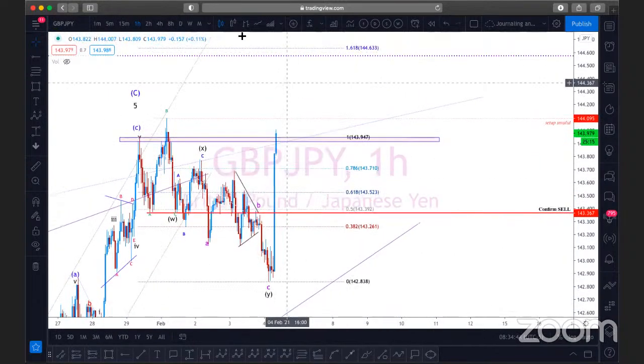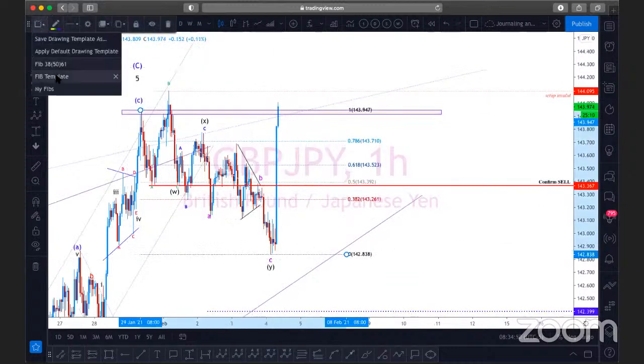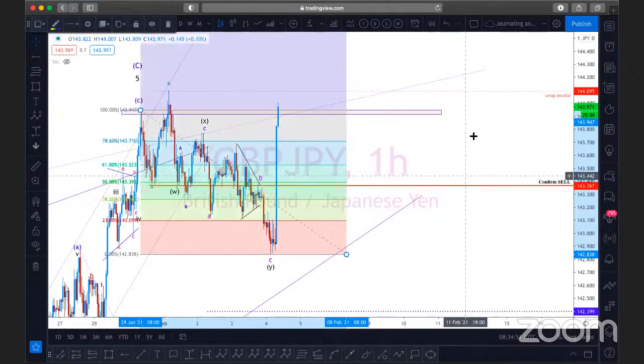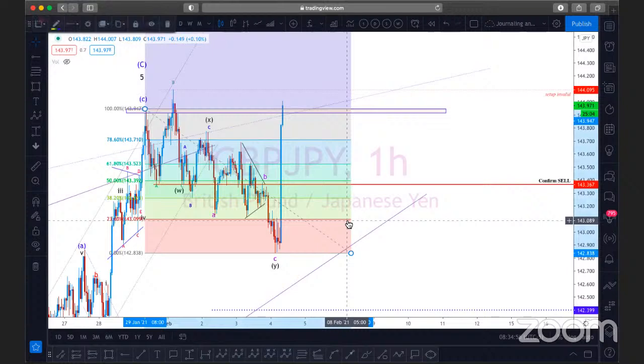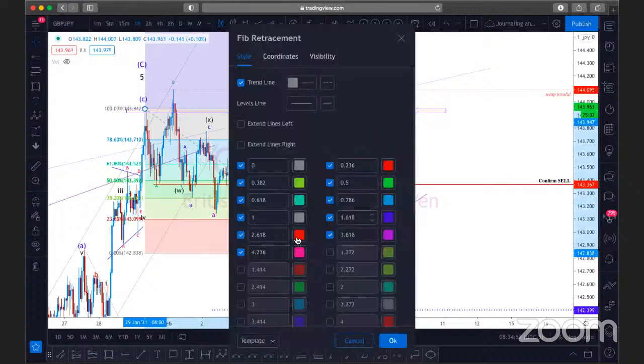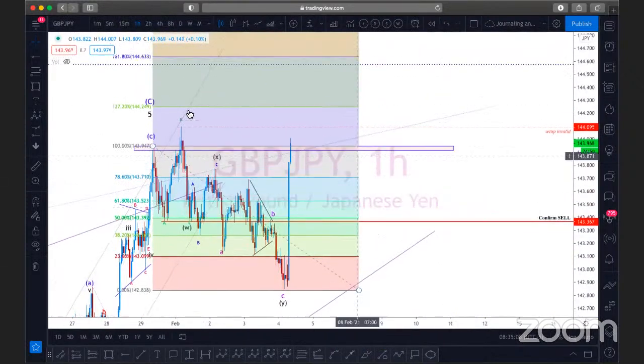I'll go back to the original template and see if I can identify it. And we'll put in the 2.7 and see exactly where that falls. So B wave could potentially lie anywhere within these areas.